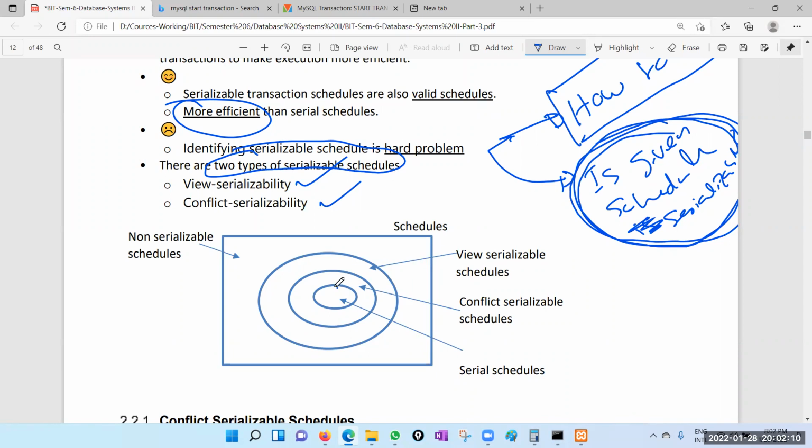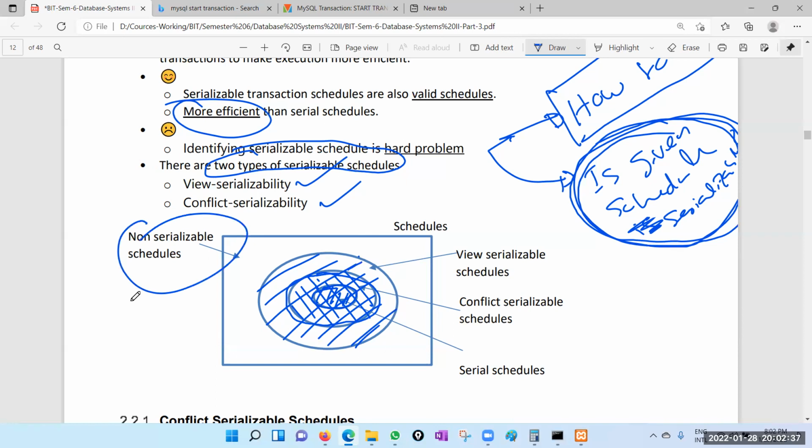Of course, the serial schedules are there. Those are valid. Then we have conflict serializable schedules. Those are also valid. But there are some schedules which are not conflict serializable, yet they are still serializable, and we call them view serializable schedules. If it is not a view serializable schedule, it is a non-serializable schedule.